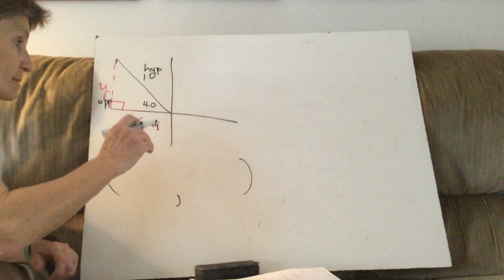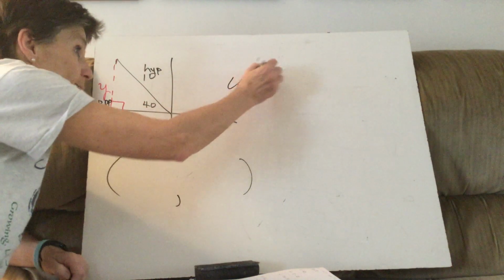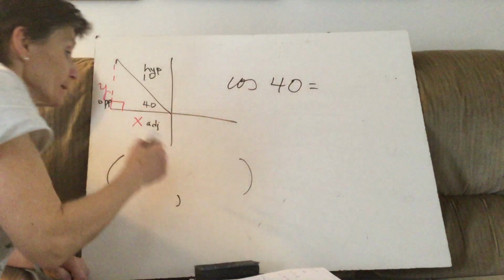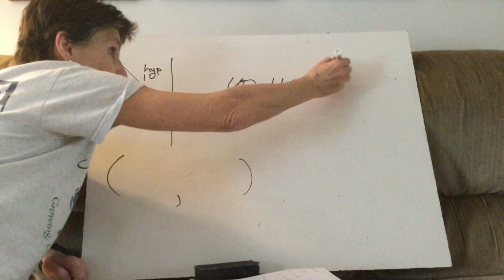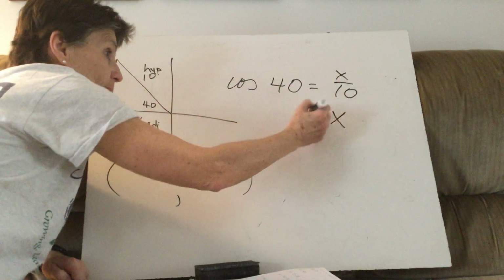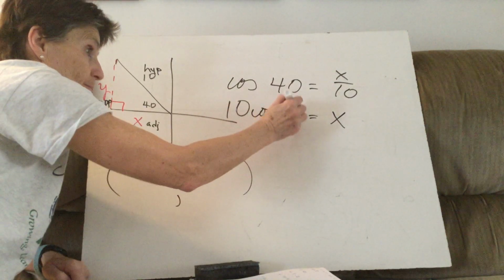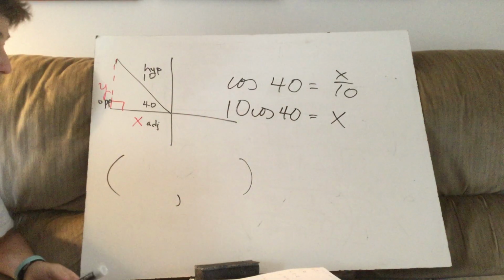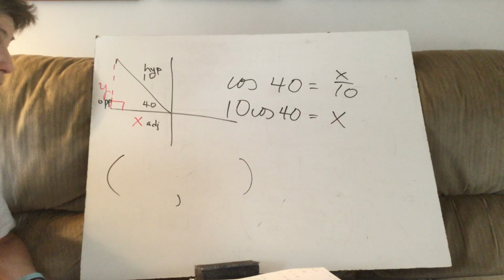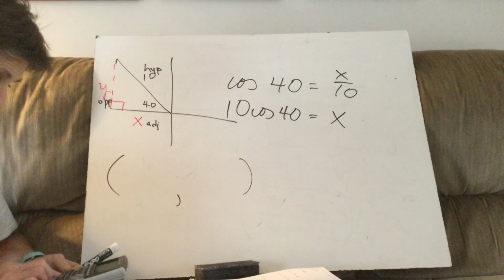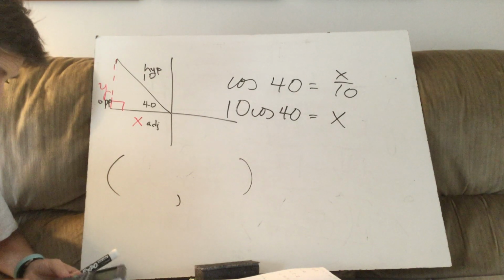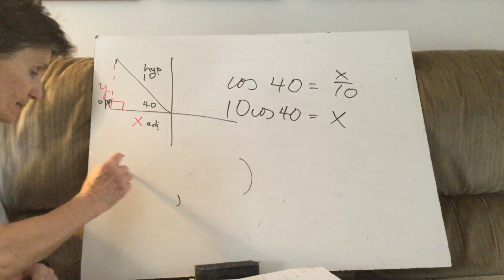You can say cosine 40 equals adjacent over hypotenuse. So x equals 10 cosine 40, which is 7.66.